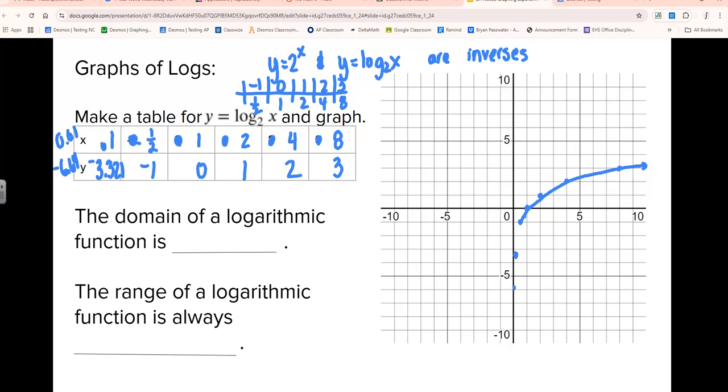So what's happening here is a logarithmic equation. A logarithmic equation is going to have a vertical asymptote. We're going to get closer and closer to, in this case, the y-axis, but it doesn't ever actually touch.